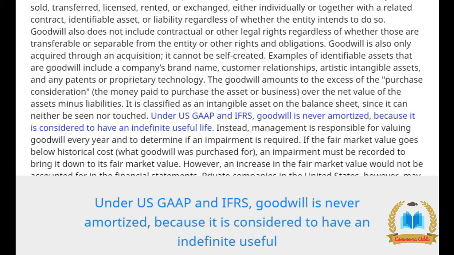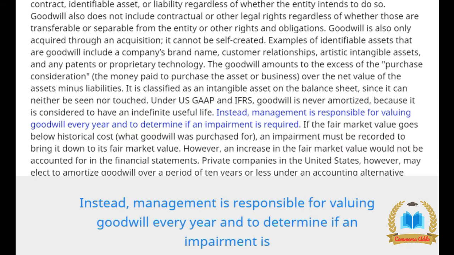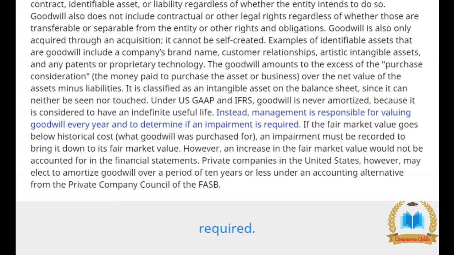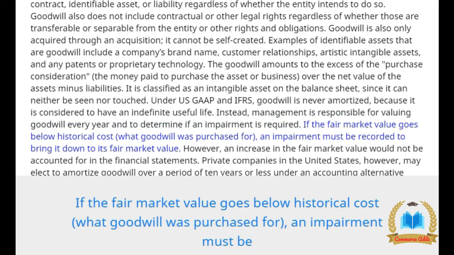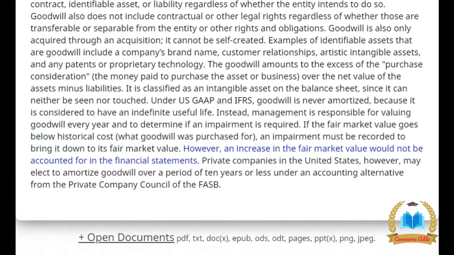Under US GAAP and IFRS, goodwill is never amortized, because it is considered to have an indefinite useful life. Instead, management is responsible for valuing goodwill every year and determining if an impairment is required. If the fair market value goes below historical cost, what goodwill was purchased for, an impairment must be recorded to bring it down to its fair market value.